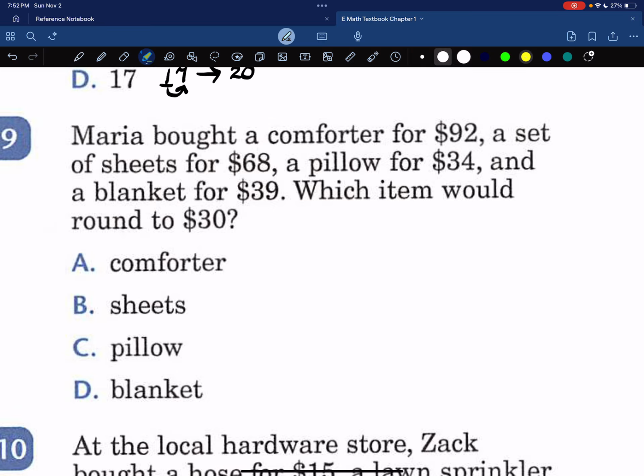Which item would round to $30? So our question is, which item, we're looking for one item that would round to this number.